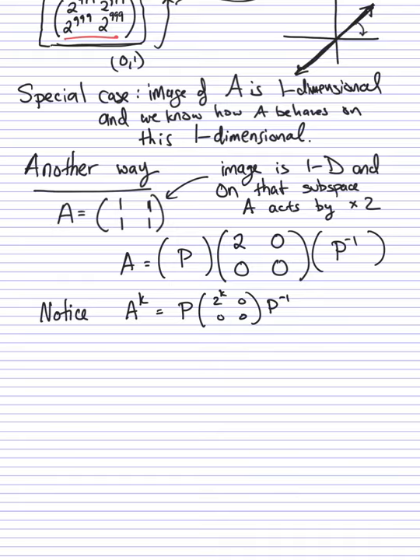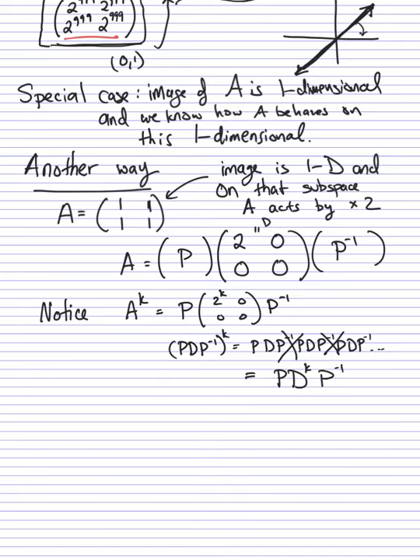This is because if I shorten this to D, and I take PDP inverse to the K, this looks like PDP inverse, PDP inverse, and so on. I think you get the point. Now these inverses go to the identity matrix, so we can cancel them. So you just get PD to the K P inverse.